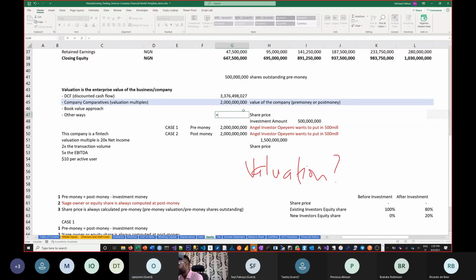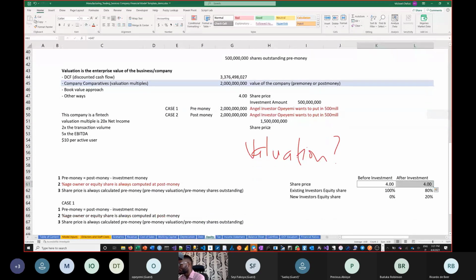Okay. So remember I said share price is always calculated pre-money. When the pre-money was 2 billion, the share price divided by the number of shares gives us 4 naira per share, right? But when the money is post-money, we need to get out the pre-money first.